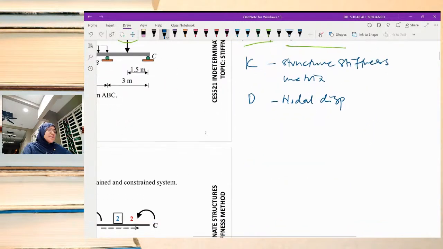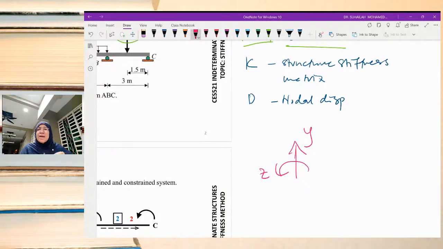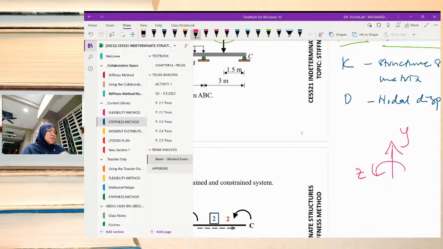So for the degree of freedom for beam, we have to count in these two directions, y direction and z direction. We have to always follow this direction. We cannot change the direction because this is the direction that is used in deriving the stiffness matrix equation.